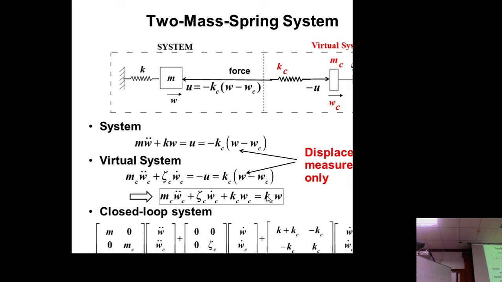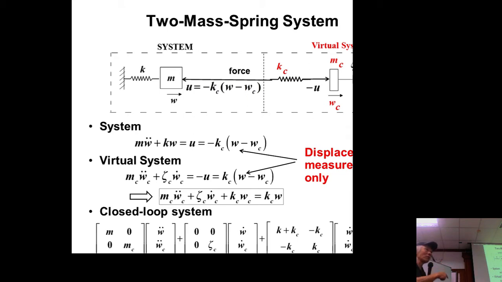This is 0, because we put all this U side to the left hand side, and then we write it in terms of this closed loop system matrices. You gotta learn how to do the closed loop system. And by the way, you can download this file from the website. All right.